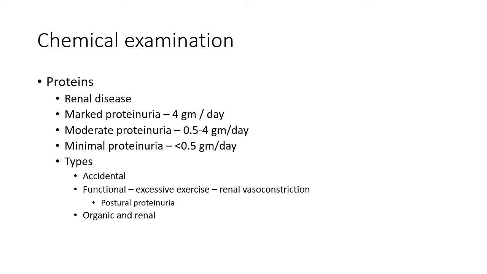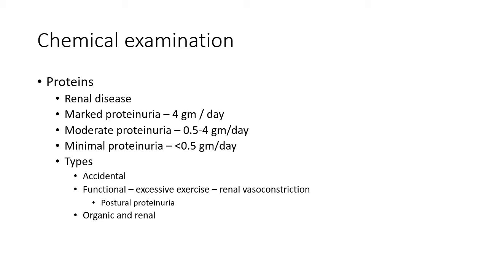The causes of physiologic proteinuria include excessive exercise, exposure to heat or cold, fever, emotional stress, excessive ingestion of proteins, etc. The underlying mechanism in all these conditions is renal vasoconstriction. There is also something called postural or orthostatic proteinuria. Here, proteinuria occurs when the subject is in upright position and disappears when the individual lies down.